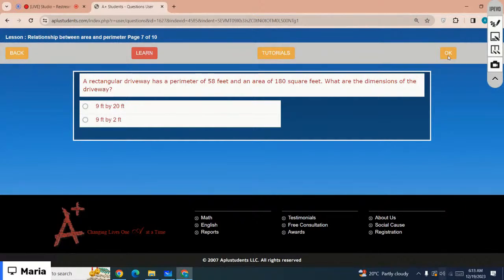Yes, the two numbers whose product must be 180 are 9 times 20. So, option number 1 is the correct option. 9 times 20 is the correct option.